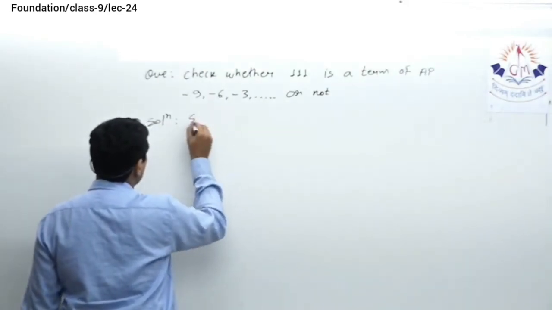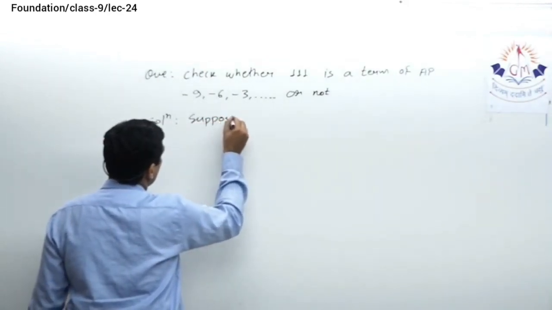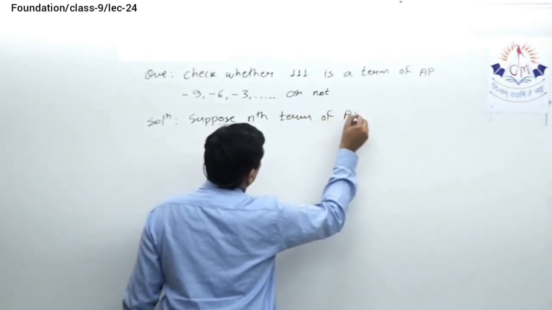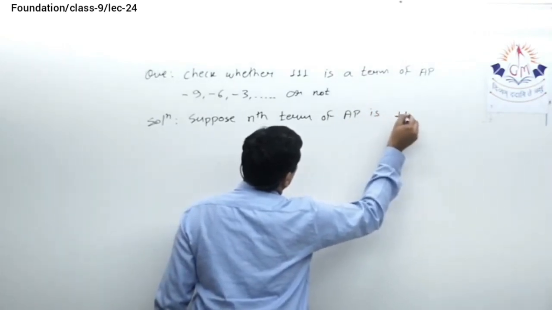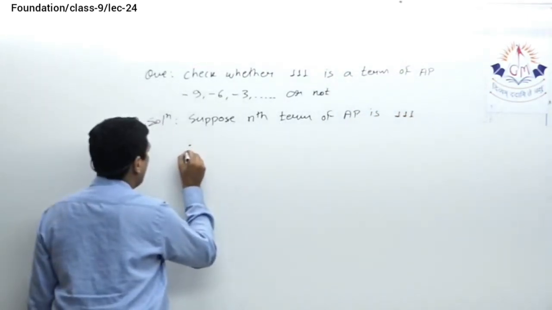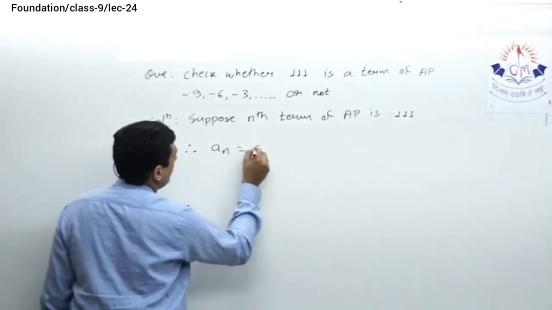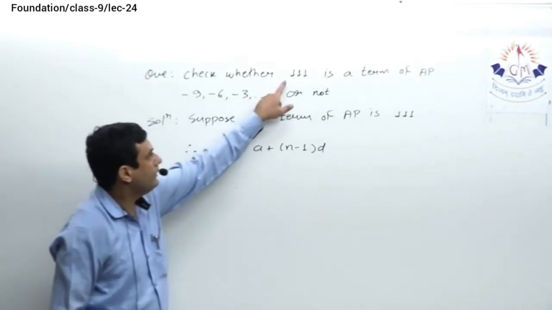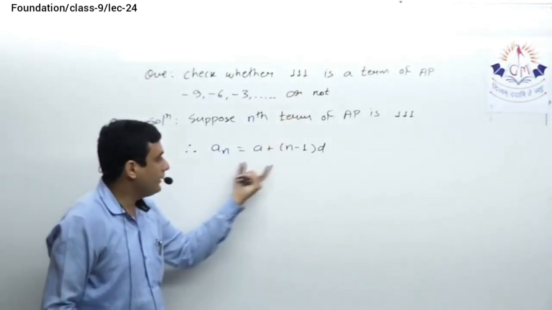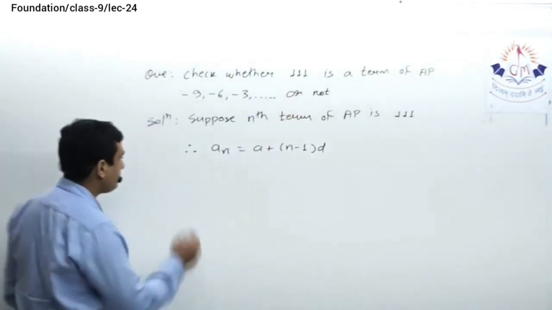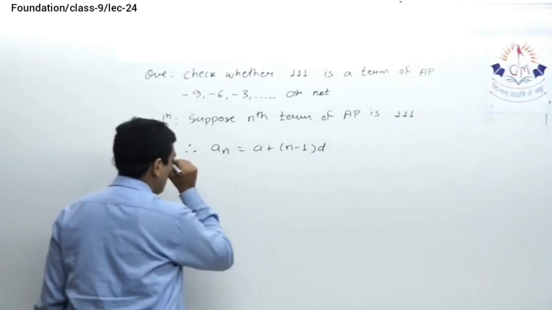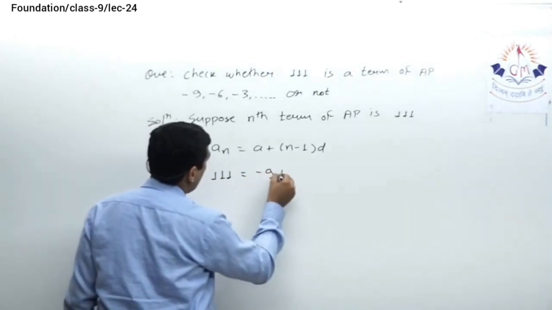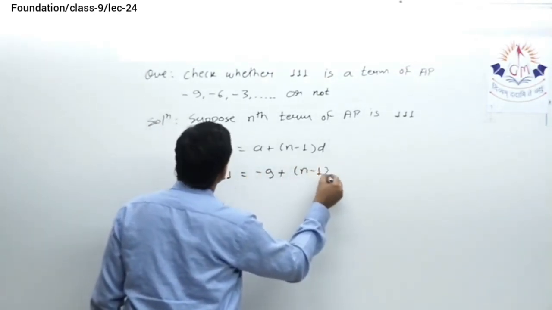Again we start in the same way. Suppose the nth term of the AP is 111, therefore I can write an is equal to a plus (n minus 1) into d. As I am assuming this is the nth term, an is equal to a plus (n minus 1) d. Therefore 111 is equal to, now a is minus 9, plus (n minus 1) d.